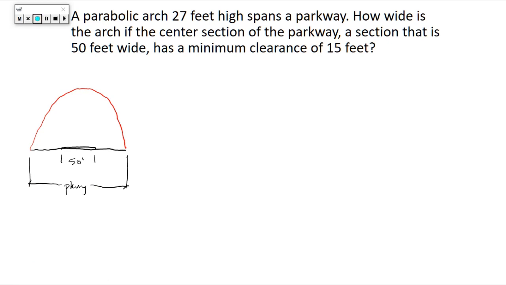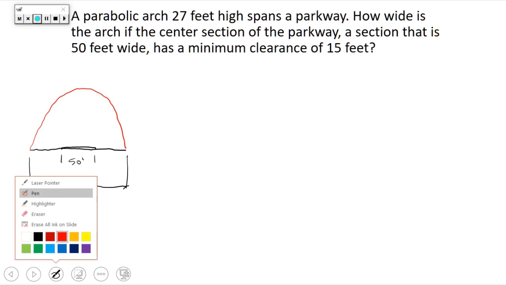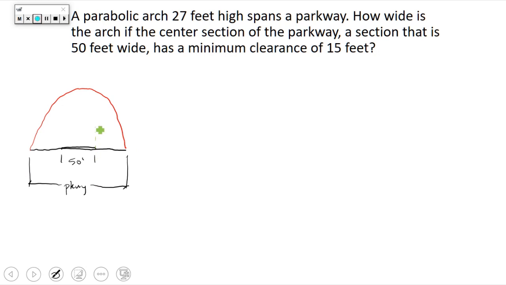And it says a few things: that at these parts right here, this height is 15 feet. So we know that there's a 15-foot clearance right there. And the total height all the way at the top here is 27 feet. Okay, so we want to know how wide the arch is.